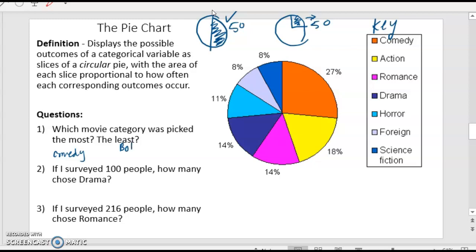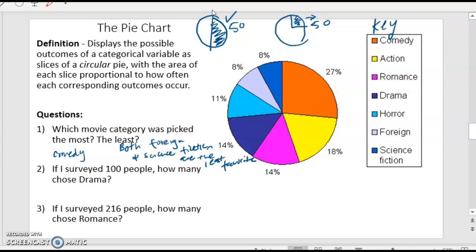So I'm going to say both foreign films and science fiction were picked equally as least or smallest. Both foreign and science fiction are the least favorites.